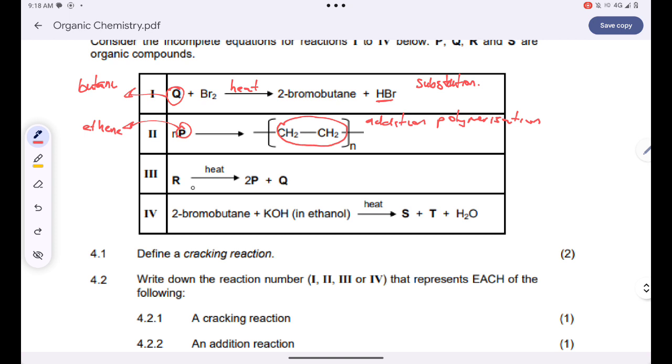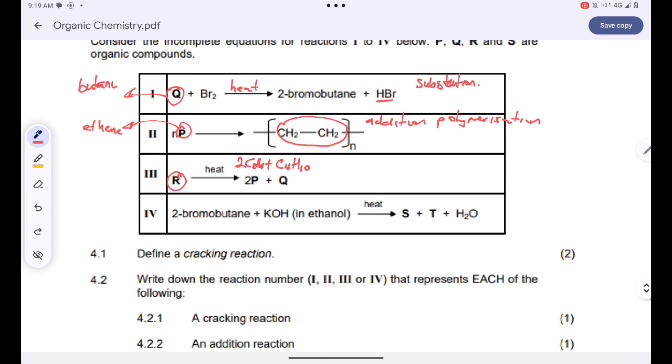Okay, and then reaction 3, we have R, and then we end up having P and Q. Are you together? Remember that P and Q represent organic compounds. We said compound Q is butane. Excuse me. So that means I have C4H10 as my compound Q, and then for compound P I have C2H4.